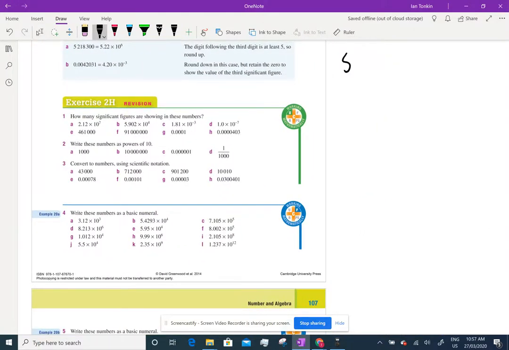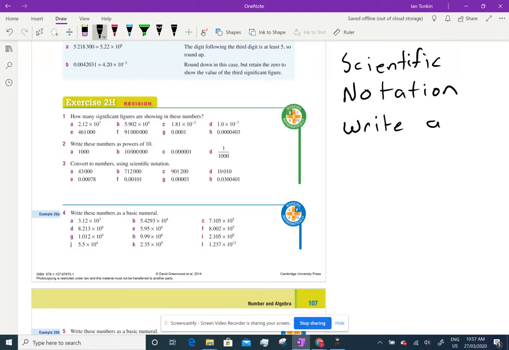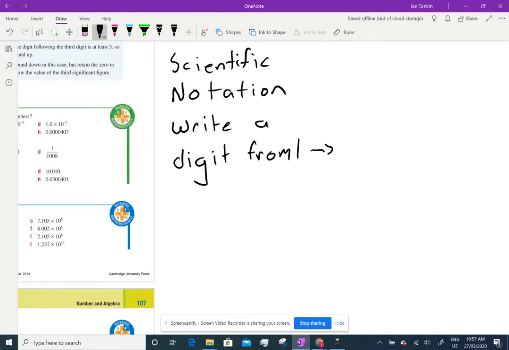So, scientific notation, we're writing big and small numbers and we're writing them as a power of 10. So, scientific notation, you write a digit between 1 and 10. So from 1 to 10, 1 to 9, 1 to 9.